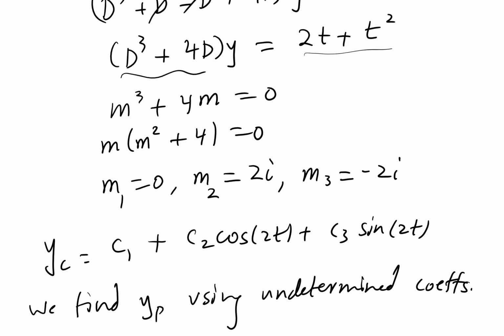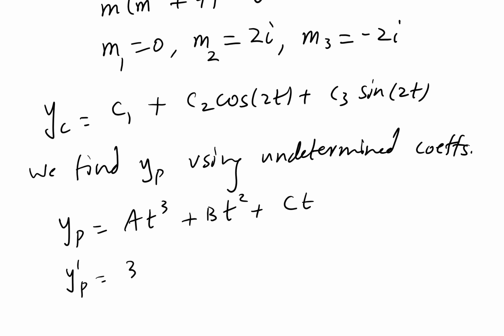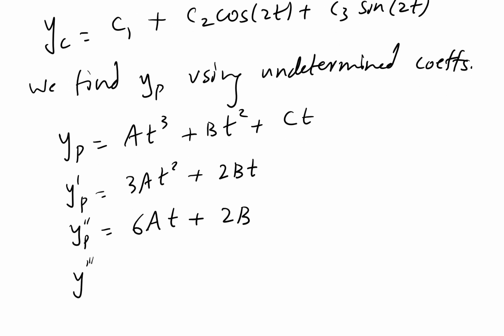Well, notice the right hand side was t², so the particular solution should be yp = at³ + bt² + ct. Now y' would be 3at² + 2bt + c, y'' is 6at + 2b, and y''' is 6a.